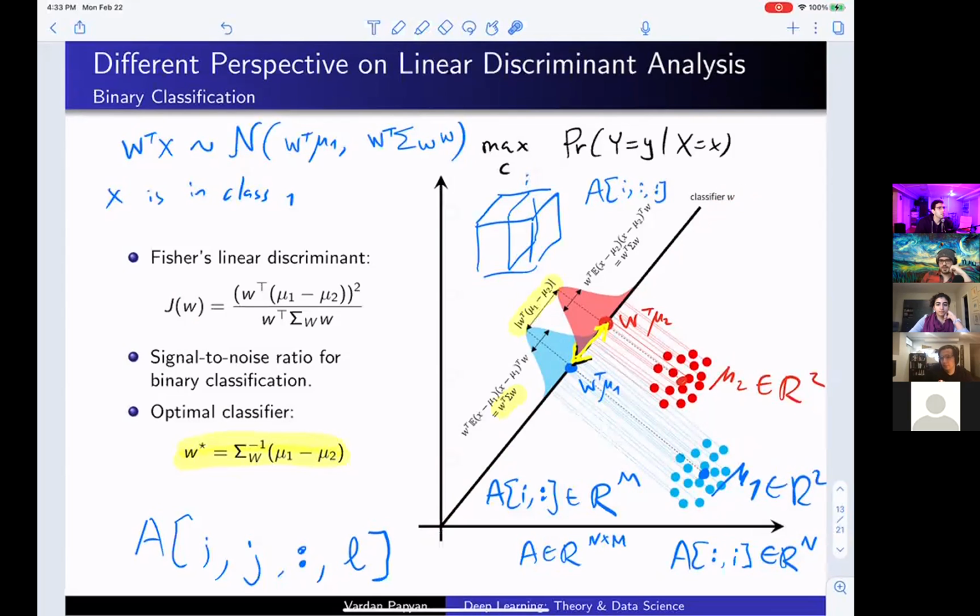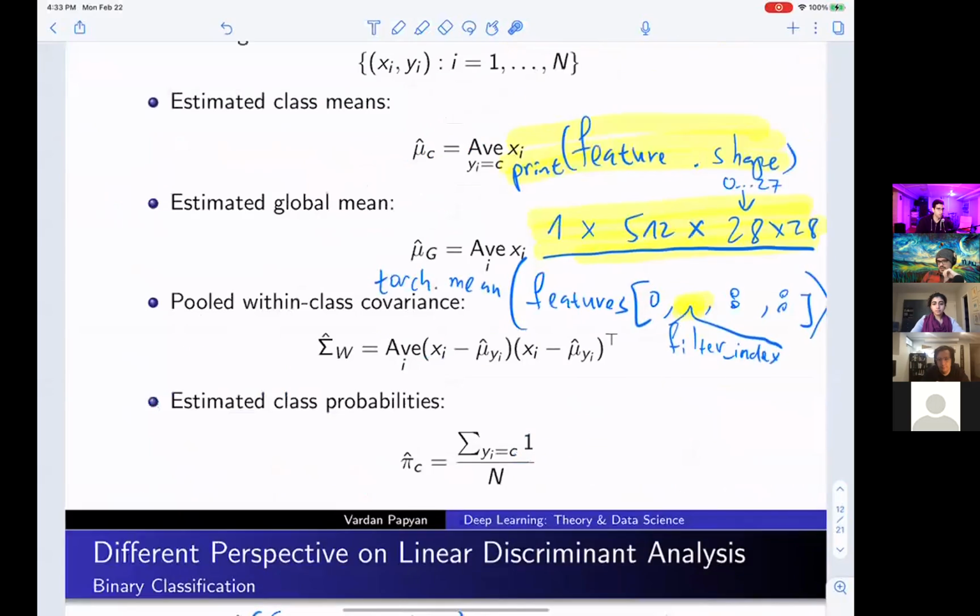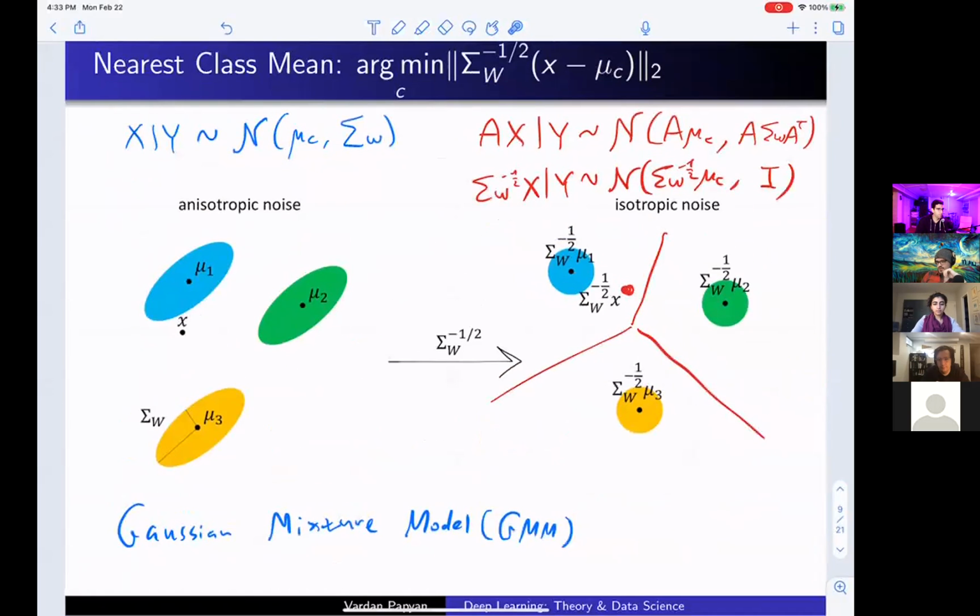Still Gaussian, right? And how do you know they're still Gaussian? No. So it's again the same theorem that I was alluding to, right? If you multiply X, which is a Gaussian, by a matrix A, it remains Gaussian, and the only thing that changes is the mean and the covariance are being multiplied by this A, right?